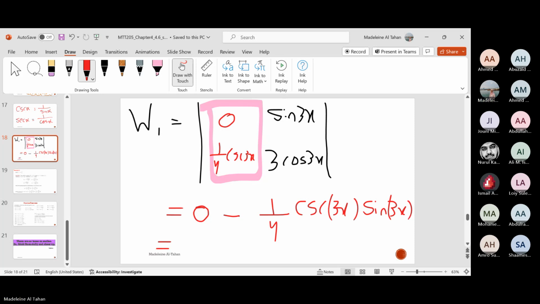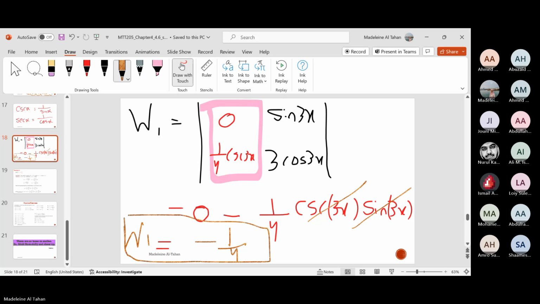Cosecant and sine cancel each other, so we will get W1 equal to minus 1 over 4. Are all of us able to see that W1 is equal to minus 1 over 4, miss? Yes.